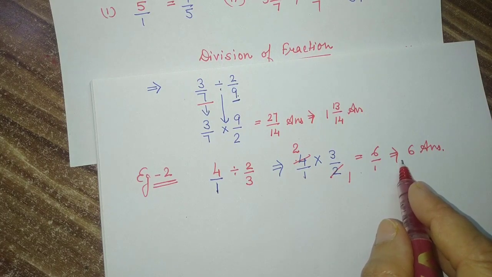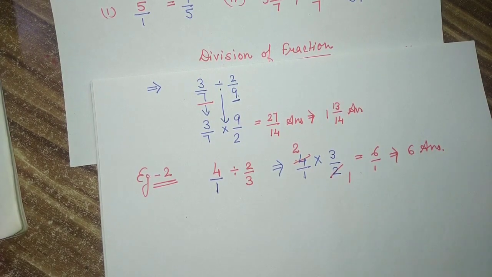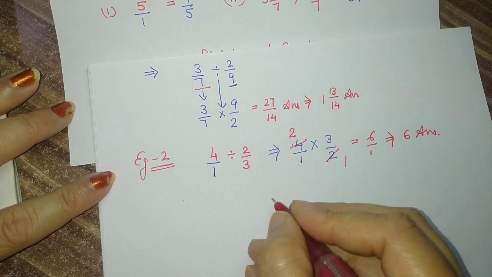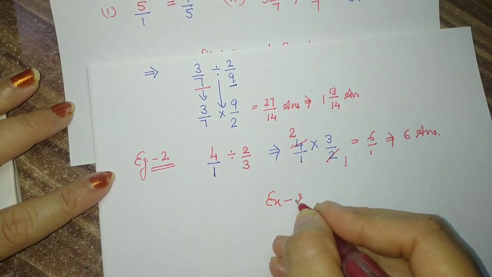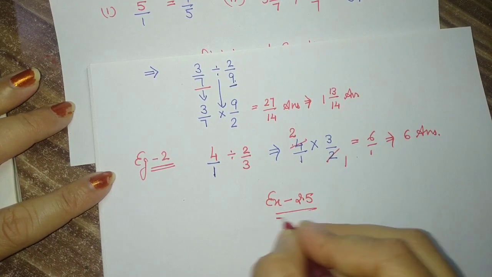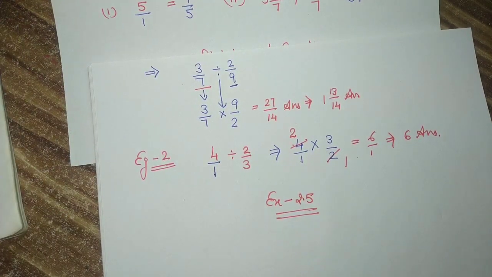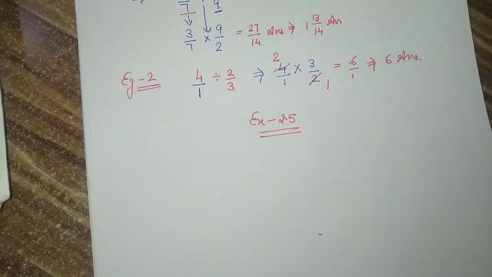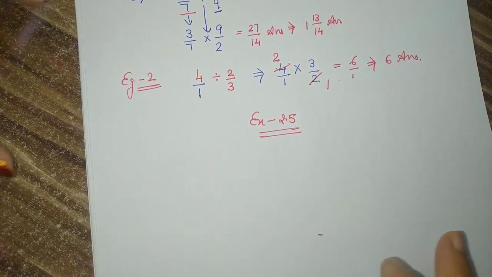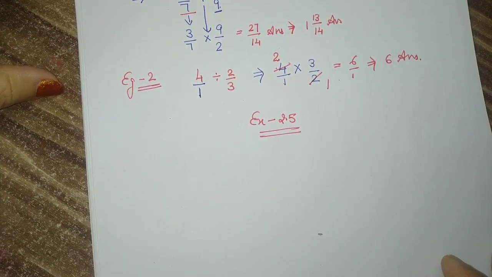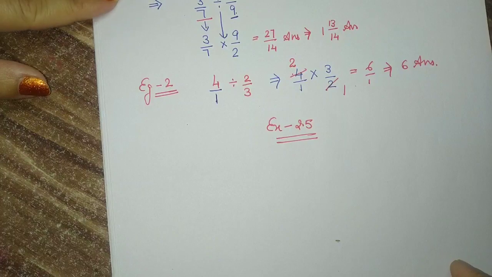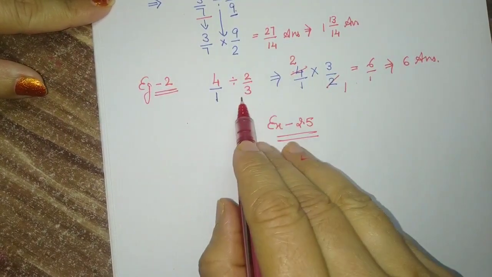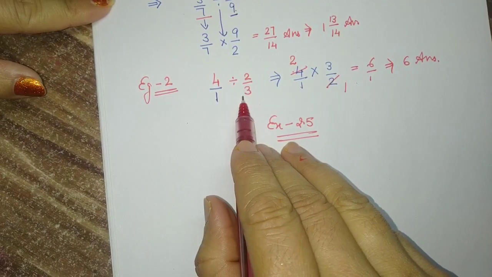Okay friends, on the basis of this, we are going to solve our exercise 2.5. In exercise 2.5, the first question is like this question only, that we have to solve.